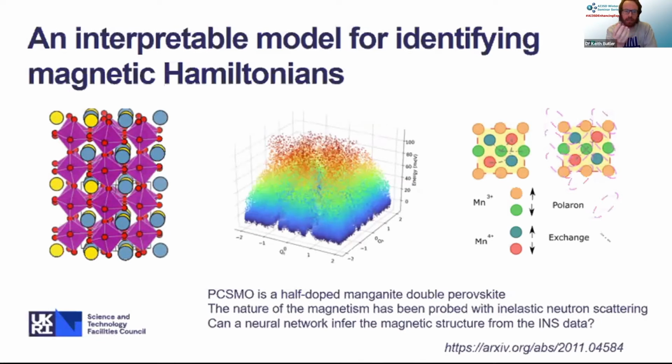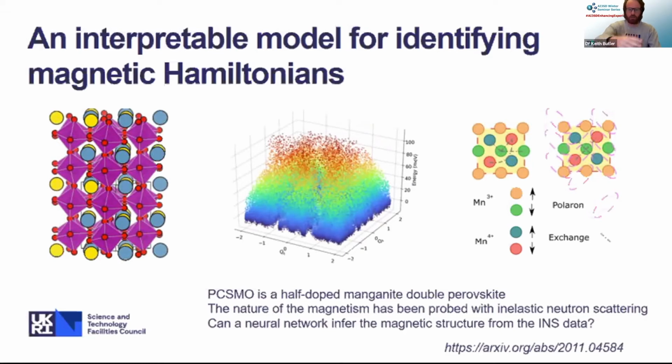It's got a couple of possible magnetic structures on the manganese sublattice. This was solved previously by inelastic neutron scattering, and working with our collaborators at ISIS, Toby and Duc, we decided to see if we could train machine learning models to do it, and if they would do it for the same reasons that were originally identified.